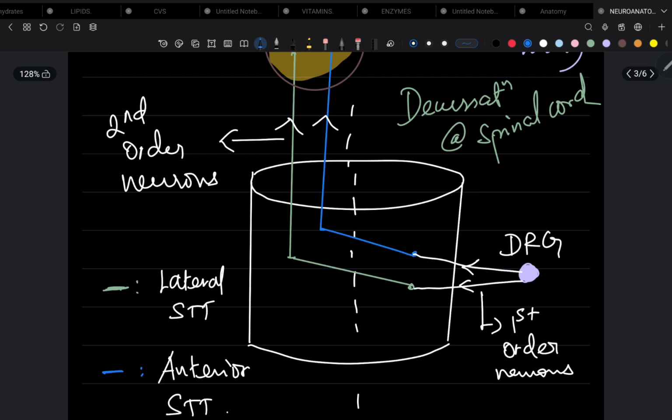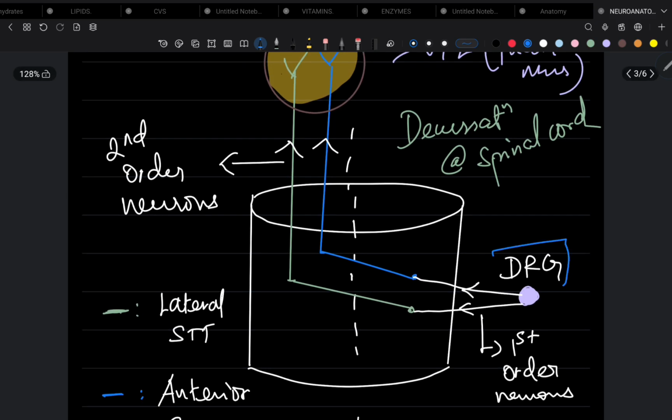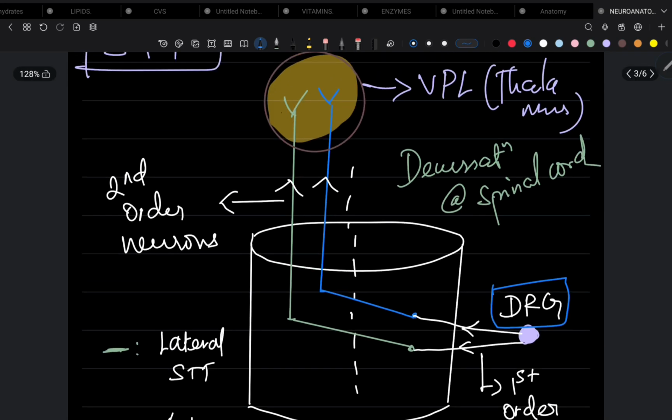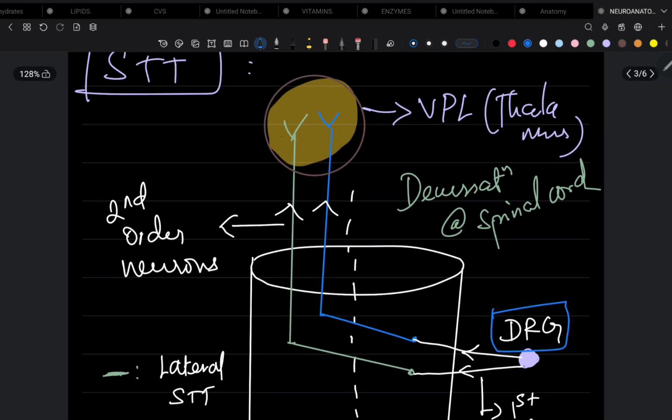The first order neurons of the spinothalamic tract originate from the dorsal root ganglion, and these first order neurons relay in the spinal cord itself on the second order neuron, and the second order neuron decussates in the spinal cord itself. So they decussate obliquely.